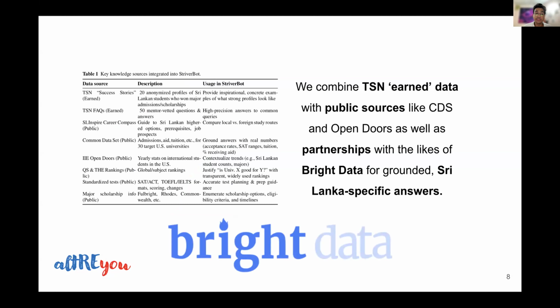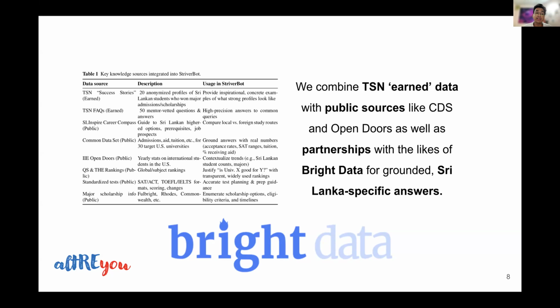We got an offer to use their service to scrape data out of publicly available websites, and we use that in our bot. And all of our answers are based on a source. So with every answer, the user will see the source, where it's coming from, and we make sure that it can have up-to-date information at all times.